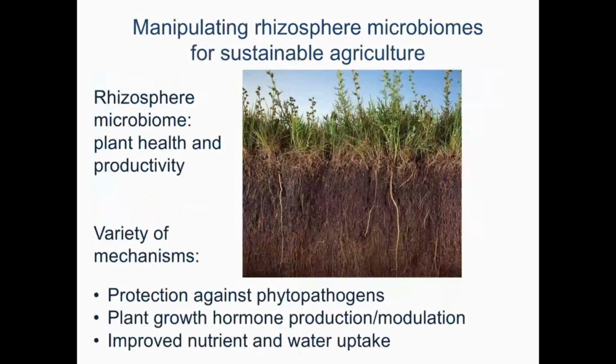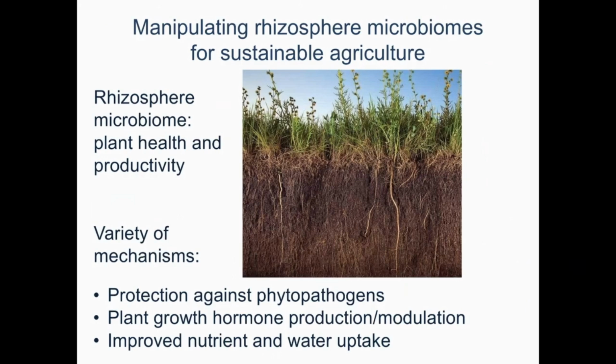So manipulating rhizosphere microbiomes is one of the potential solutions to meet sustainable agricultural goals for feeding a growing population on the planet. And the reason for this strategy is because the rhizosphere microbiome is critical to sustain plant health and productivity. And that has been shown in many studies, and the mechanisms involved are very diverse.